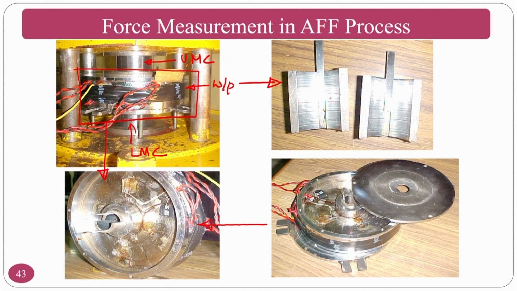These are the strain gauges that are mounted, and by clubbing these two workpieces you can fix them onto the ring type dynamometer. They have measured various forces, the axial force and the radial force, and they have concluded experimentally. They have already done the modeling also.